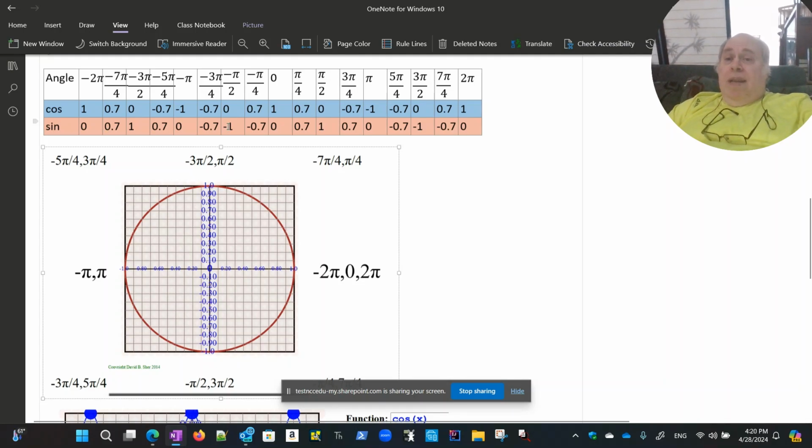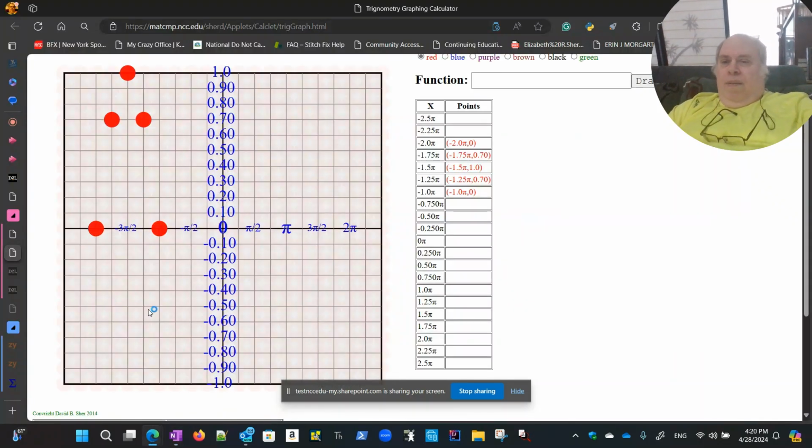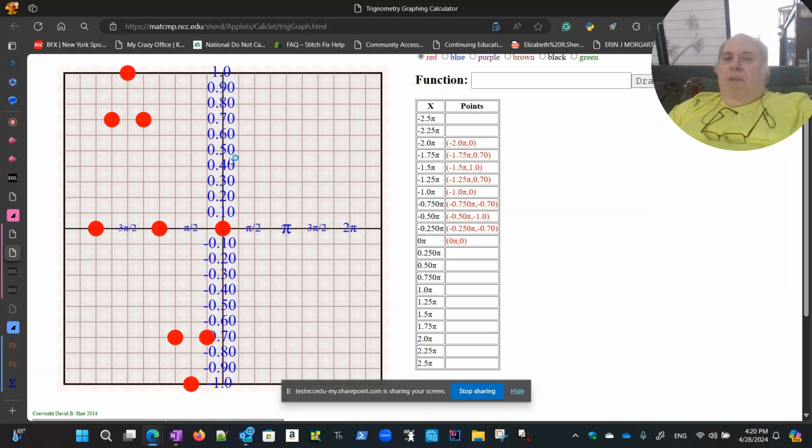We go -0.7, -1, -0.7, 0. And that takes us through the whole curve. That's one cycle, and then we do another cycle.